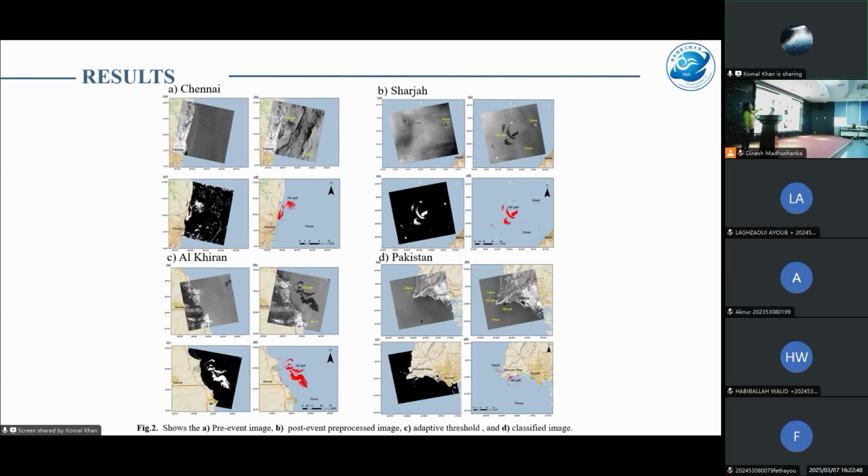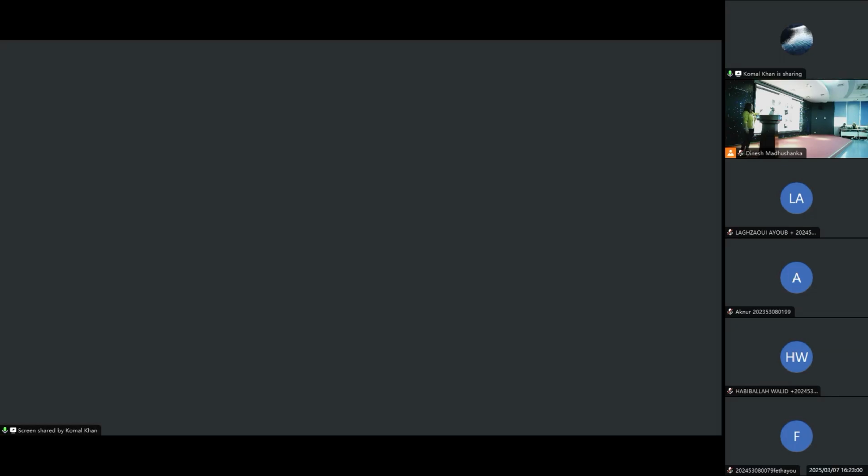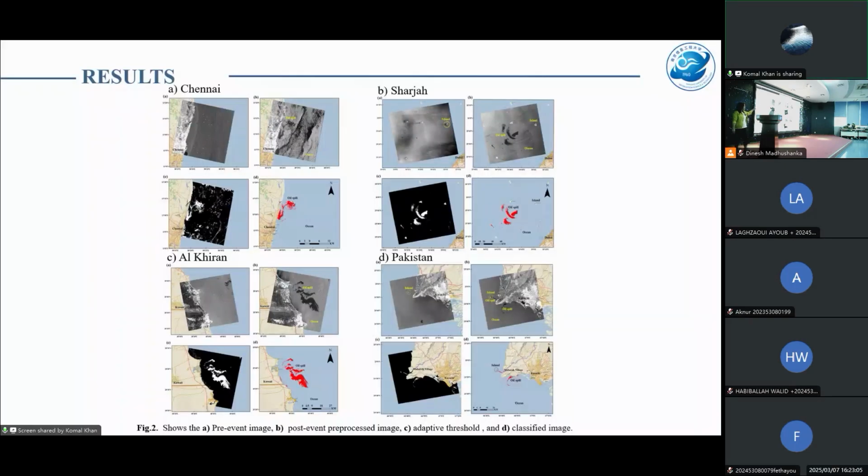Whereas if you check B, you see the detection to identify the oil spill, which eliminated all the look-alikes. Through classification, those impurities, the look-alikes, were removed and the actual oil mask was generated. The same methodology has been applied on all 4 events, so I'm not explaining all of them.